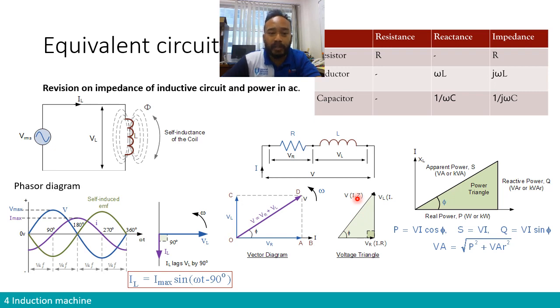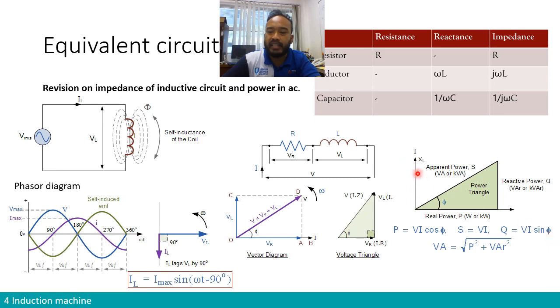And in terms of power, if you want to calculate the power, then of course you have the triangle of power as well. You have real power, which is due to the resistor, so R i squared. The real power P is Vi cos phi, which is also R i squared. You also have the reactive power Q, which is Vi sin phi.